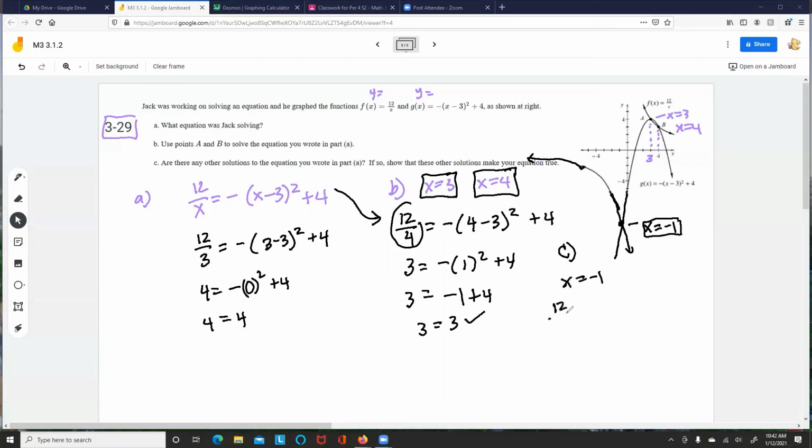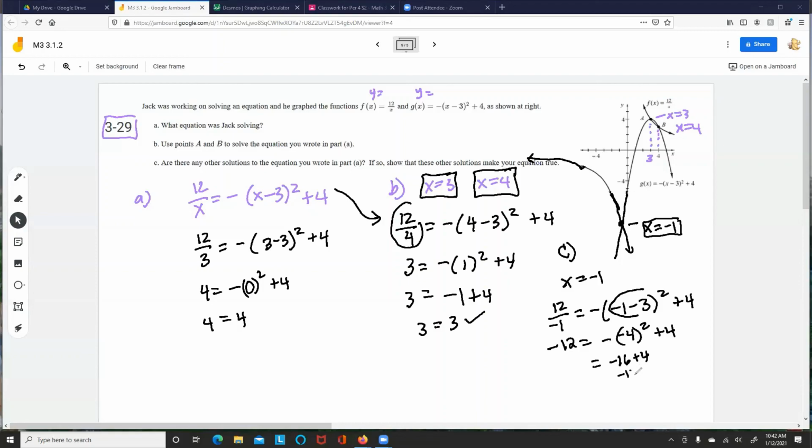So 12 divided by negative 1 equals negative 1 minus 3 squared plus 4. Okay. 12 divided by negative 1 is negative 12. And we do the negative 1 minus 3 first, which is negative 4 squared times negative 1 plus 4. Negative 4 squared is 16 times negative 1 is negative 16 plus 4.